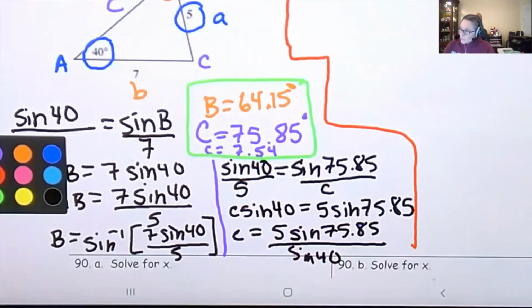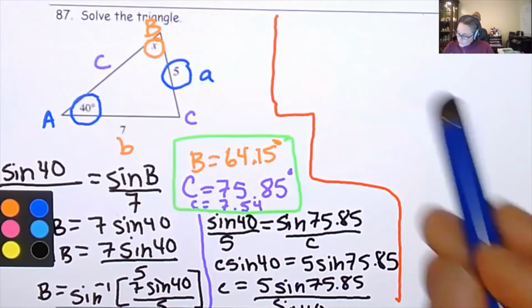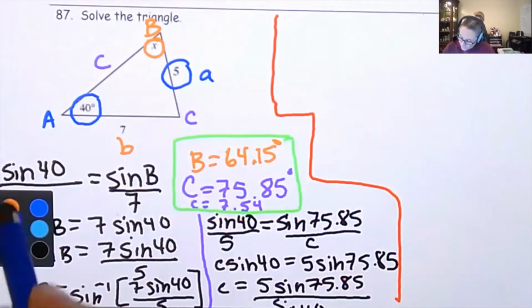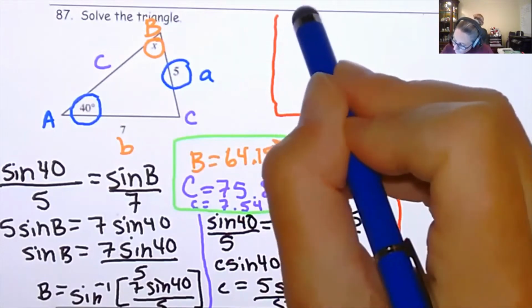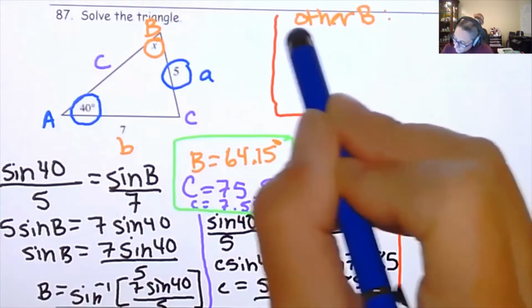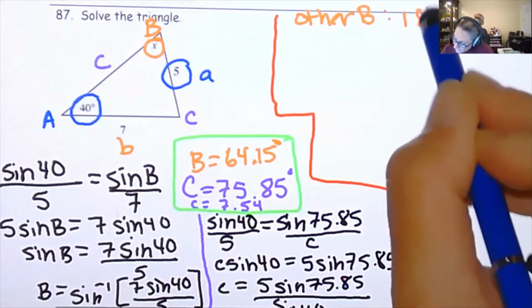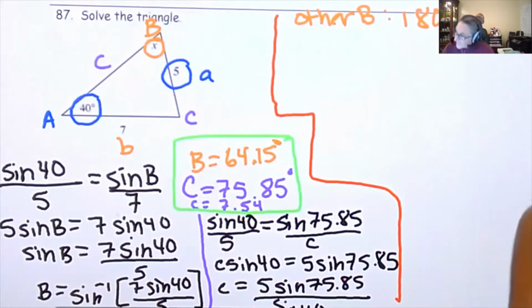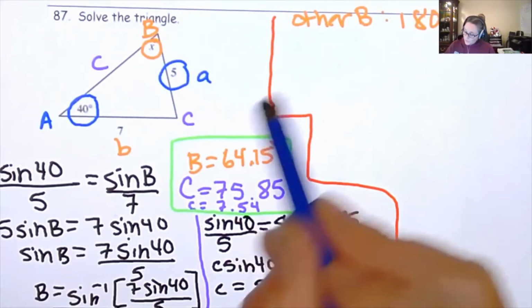Okay. So what you're going to do is, in order to find what the other B is, so I'm just going to say other B, you're going to take 180 minus 64.15, and that's going to give you what the other B could have been.